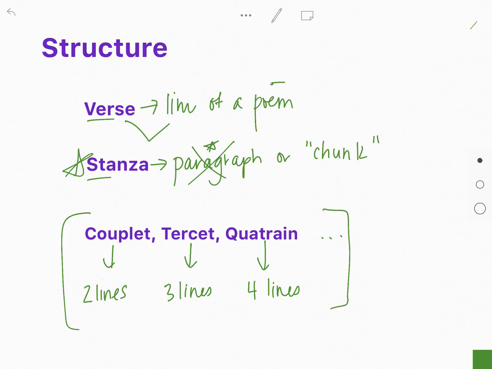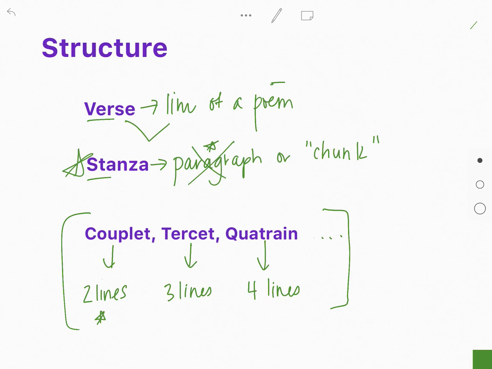So for example, they might ask you about a poet's use of a couplet in your multiple choice section, and they are referring to the 2 lines that they provide for you. You can also talk about why 2 lines are paired in an analysis, and that would be a structural analysis as well.